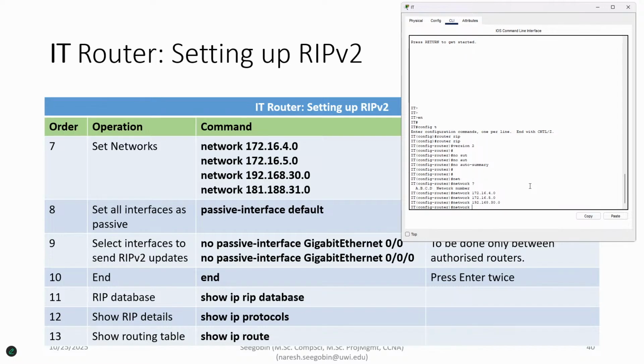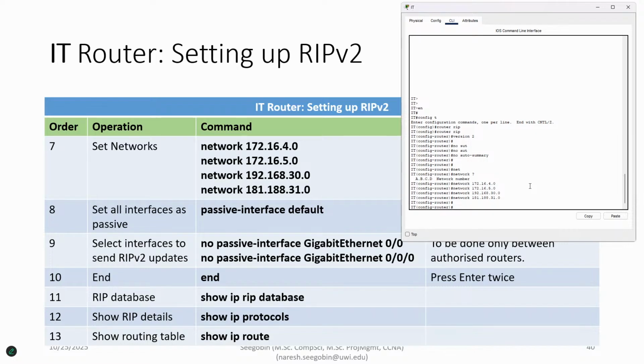I put the ISP IP as well, 181.188.81.0. Now, in most cases, you don't need to do this. I did it to let other clients know about this ISP network. But in the real world, you don't configure it.